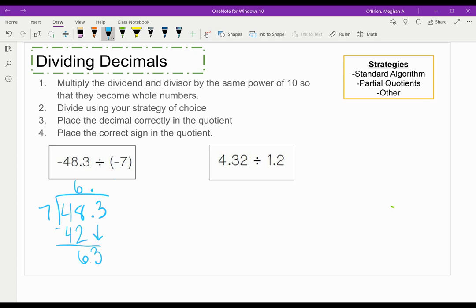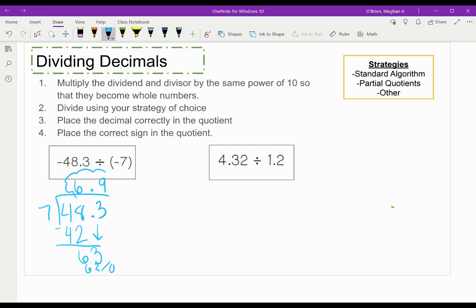How many times does 7 go into 6 and 3/10? Well, not a full group, but if I was treating the 63 as a whole number, 7 can go into 63 9 times, or 9/10 of a group fit into 6 and 3/10. And then I'm done. I have nothing left over because that works out.